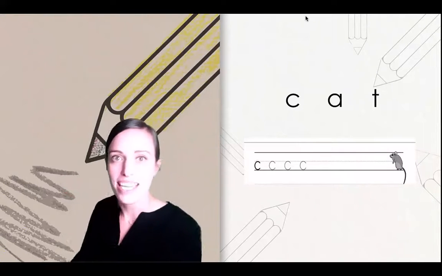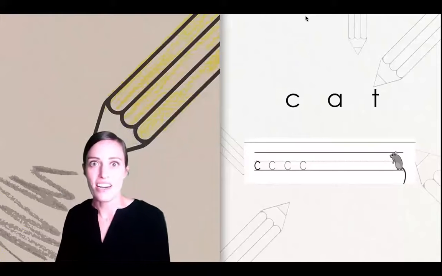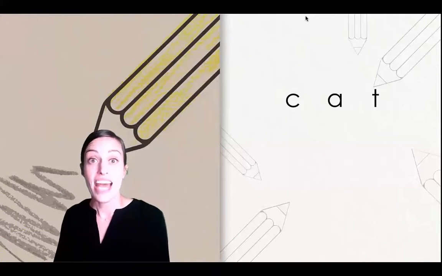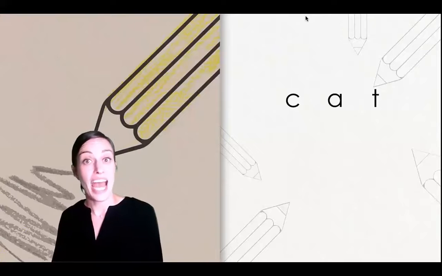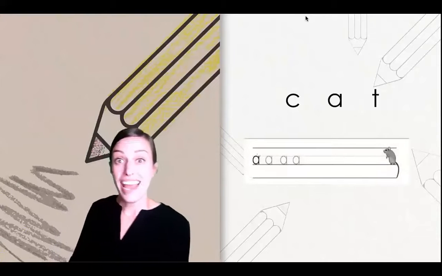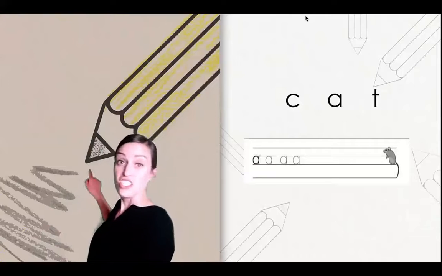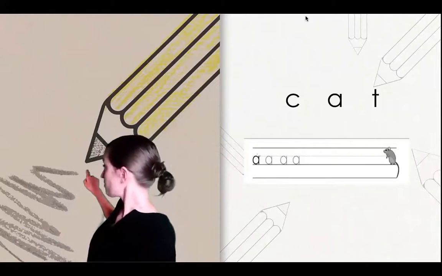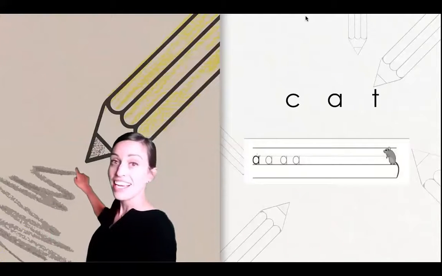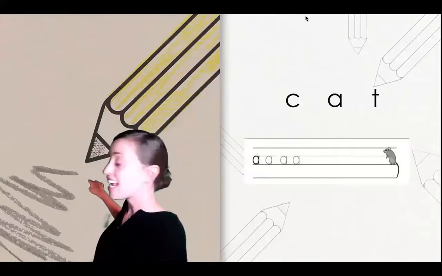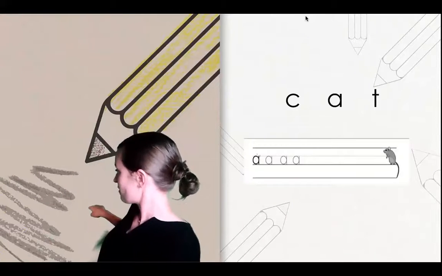That's how we make a C. The next letter in the word cat is an A. That matches the sound A. To make an A, it starts just like a C. We start just under that middle line and say pull back and around, up to the middle line and down.